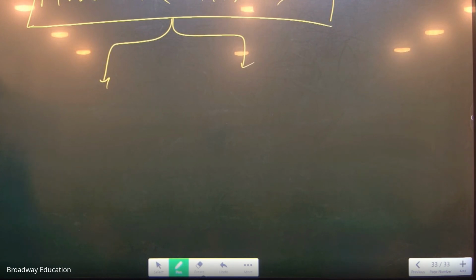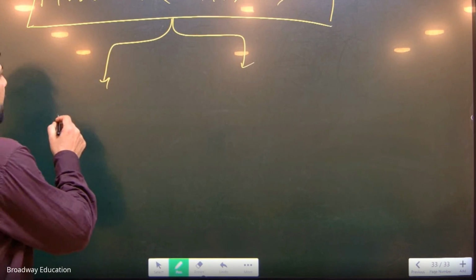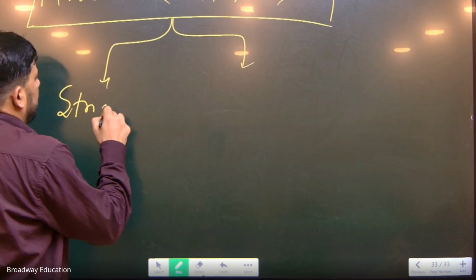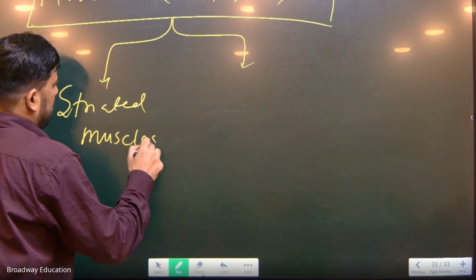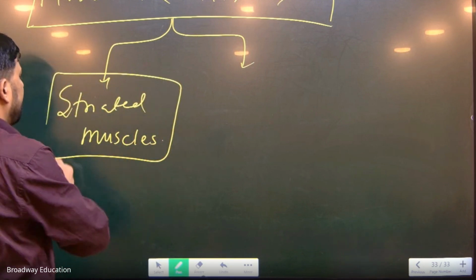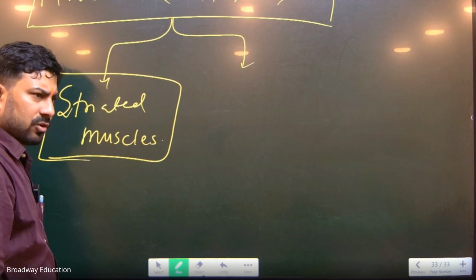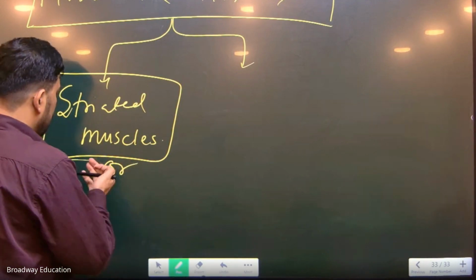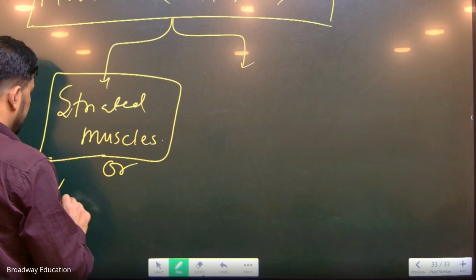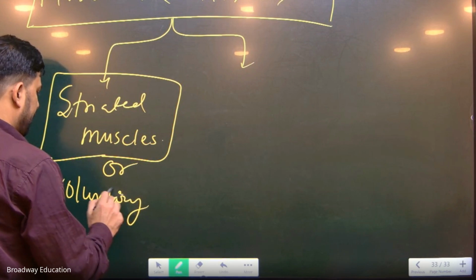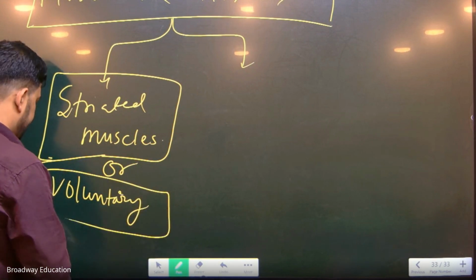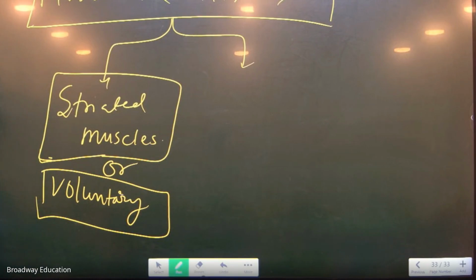So those types of muscles are called striated. Striated muscles, also called voluntary. Please write it down: striated muscles or voluntary muscles.